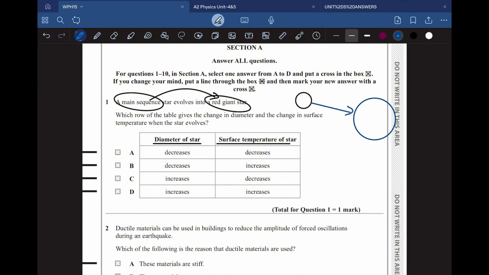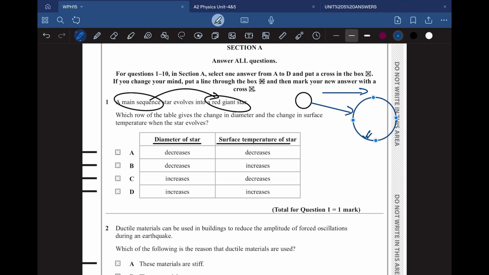Now let's have a look at the surface temperature. As a main sequence star becomes a red giant, its outer layers expand, right? Its outer layer has expanded and spread out over a much larger surface area.